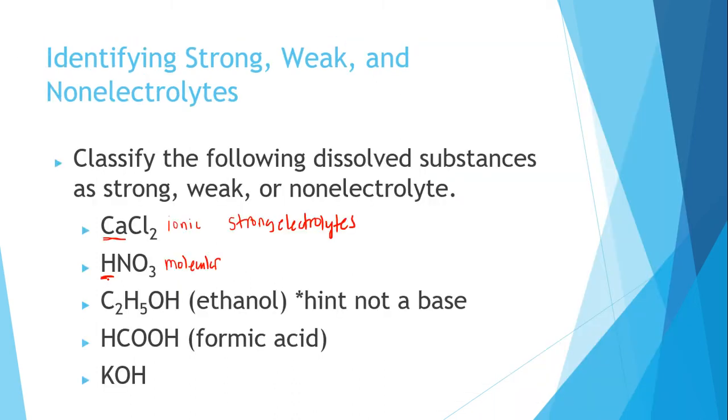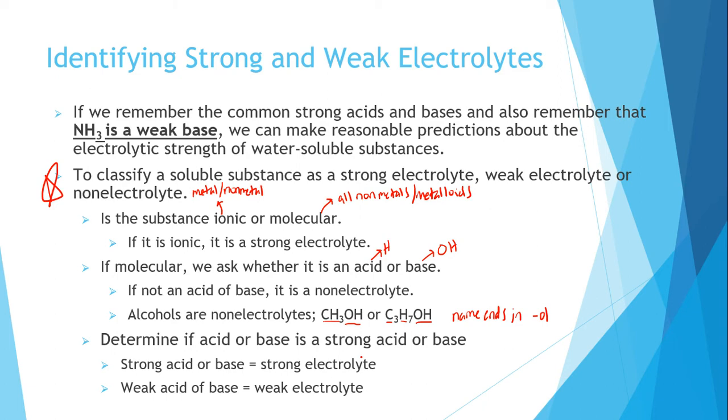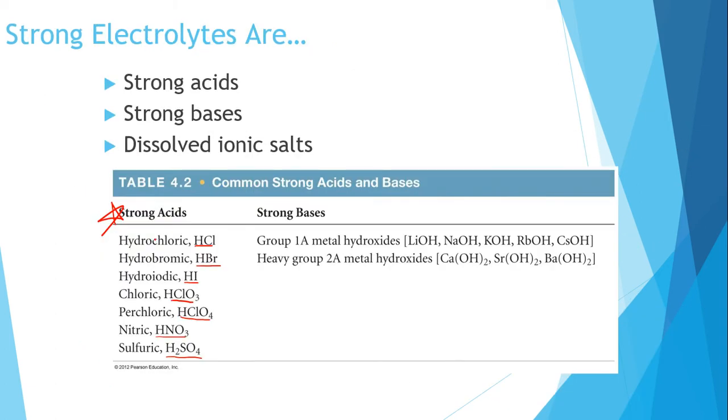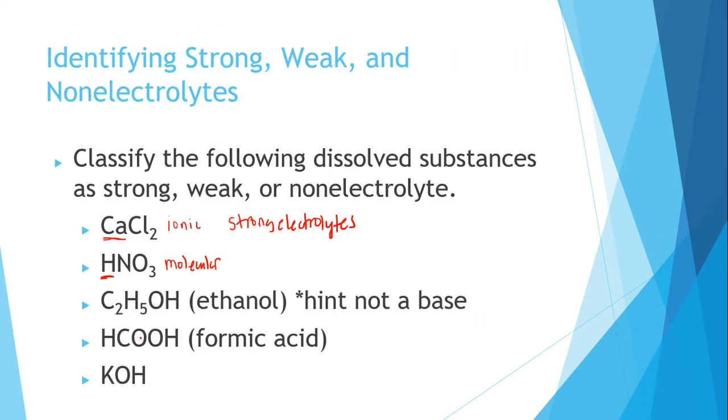Then I go on to question 3. Is it a strong acid or base? So let's see if it's on my strong acid or base list. Here I see that HNO3 is a strong acid. So since HNO3 is a strong acid, it's going to be a strong electrolyte.